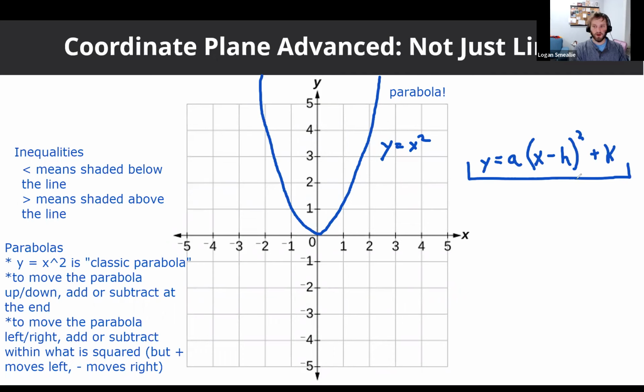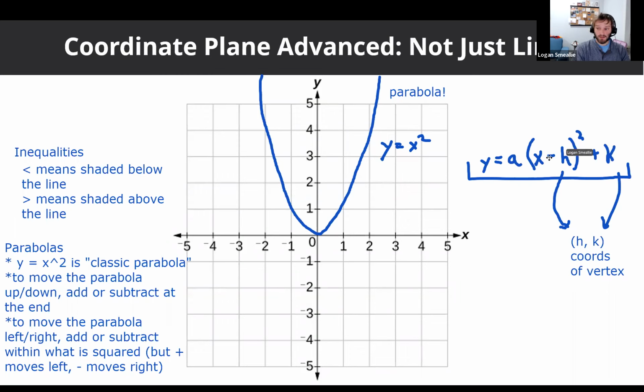This formula defines parabolas, and actually h and k, they mean something. They are the coordinates of the vertex, right? Remember when we added 2 at the end, it meant that we started at a y of 2.